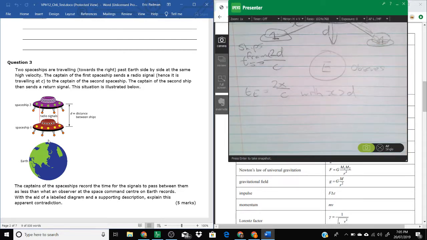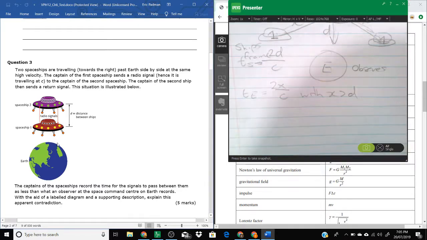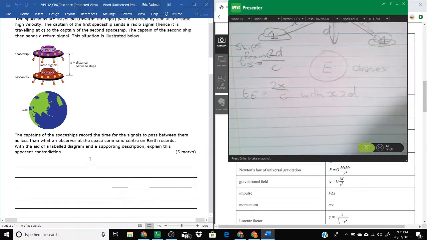So that's what's happening there. We've explained this apparent contradiction. You don't need to put in the Lorentz factors to do that at this stage.